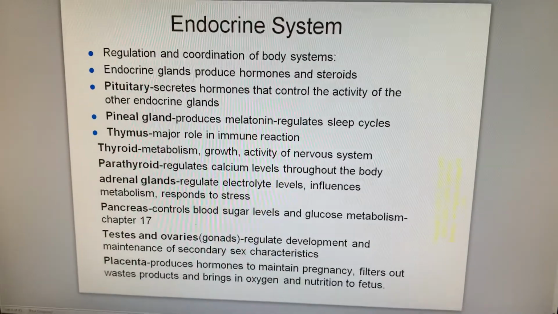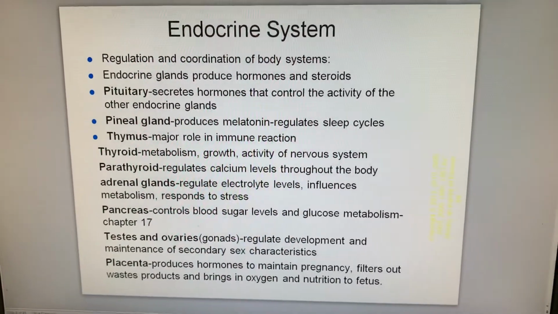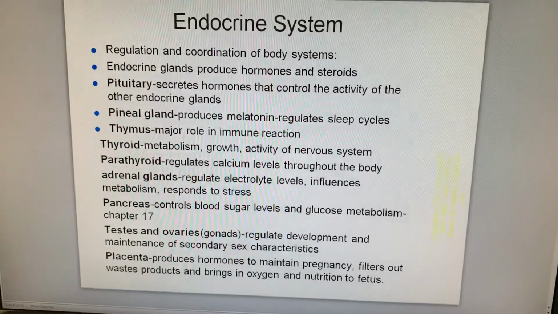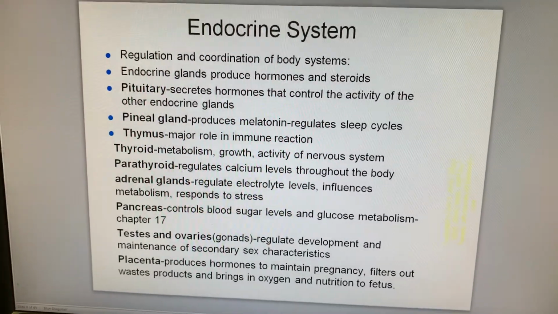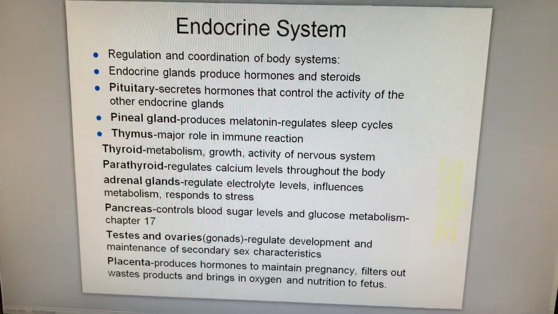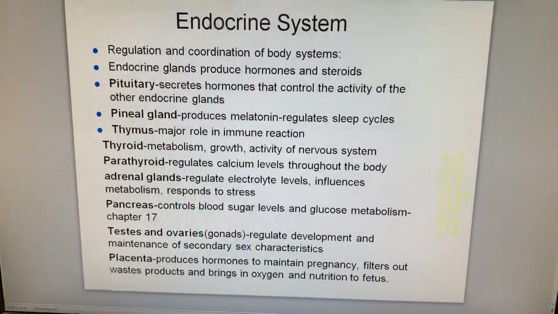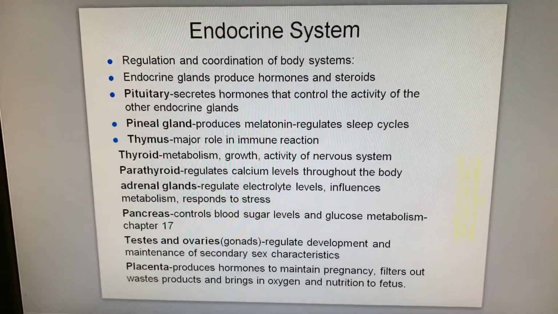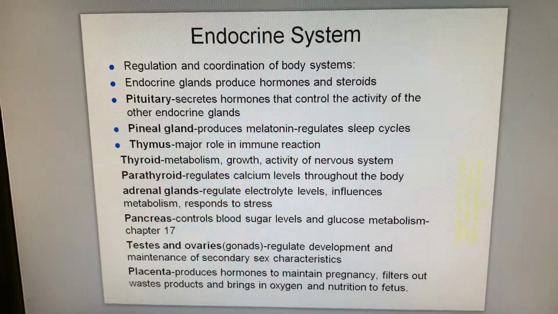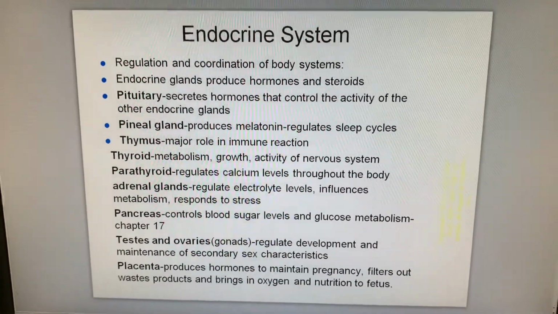Now, for some weird reason, the textbook doesn't even cover issues with the pituitary, so we are going to cover it using outside information and the ATI book. So I do not know why something called the master gland would not be covered in this textbook, but there's a few things about this textbook I'm not really sure about, and that's one of them. But the pituitary is extremely important.